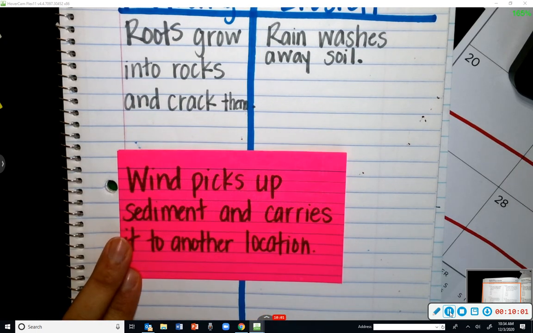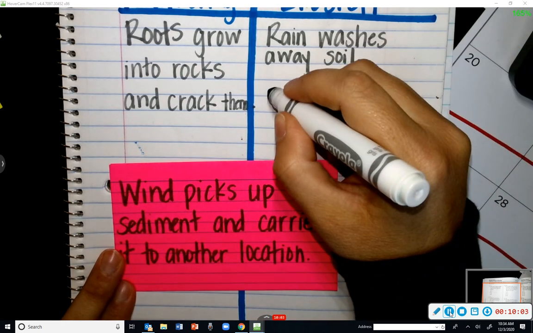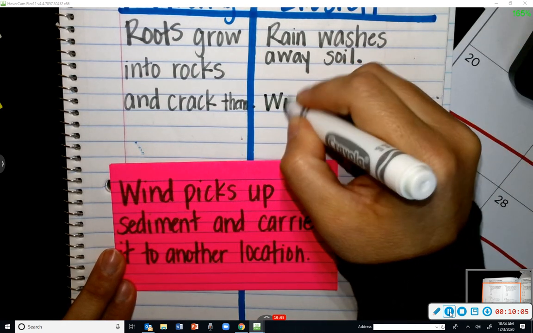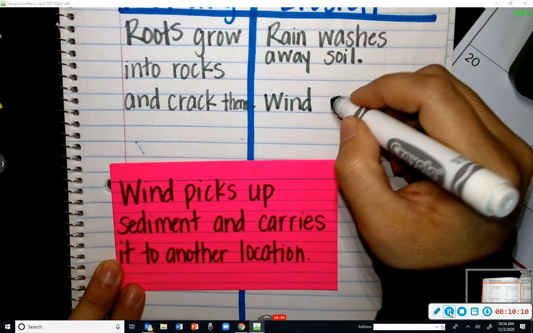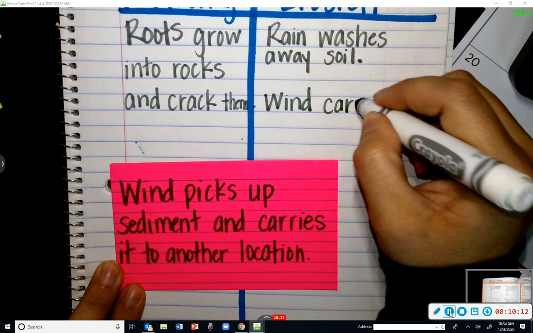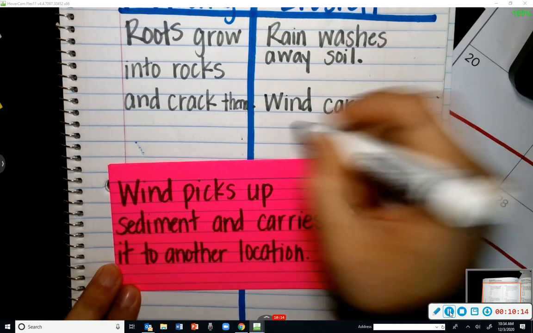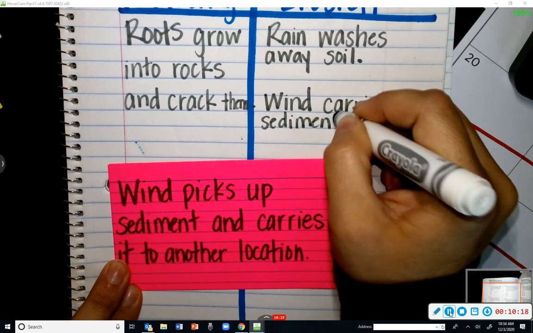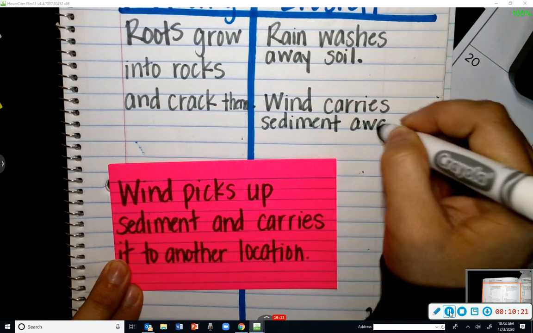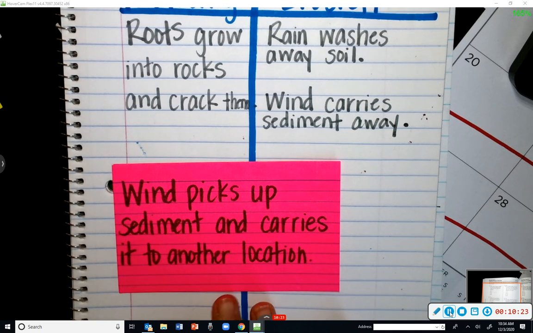Erosion, because it's being moved, right? So we could say wind carries sediment away, and I'm just trying to shorten it so we don't have to write the whole thing.